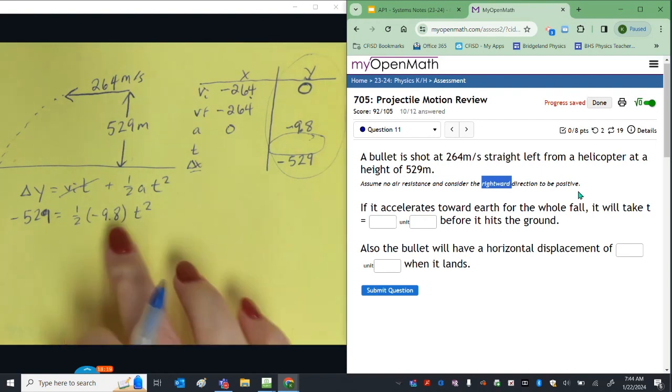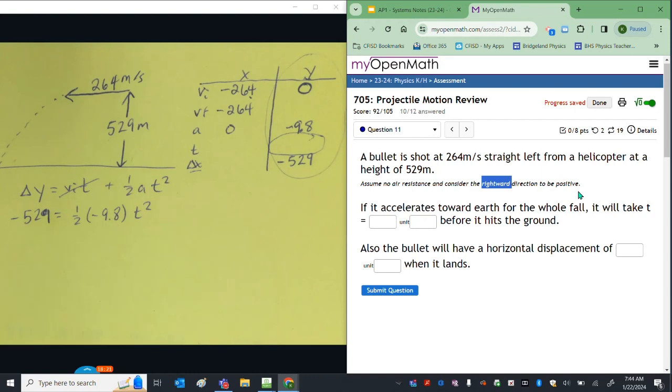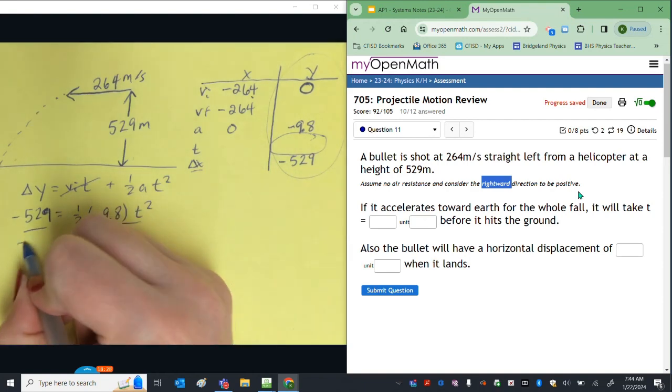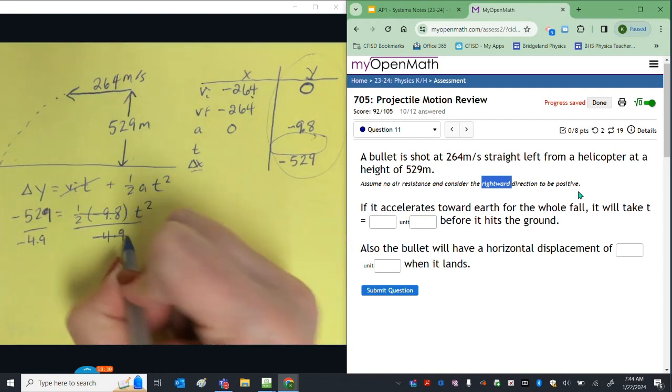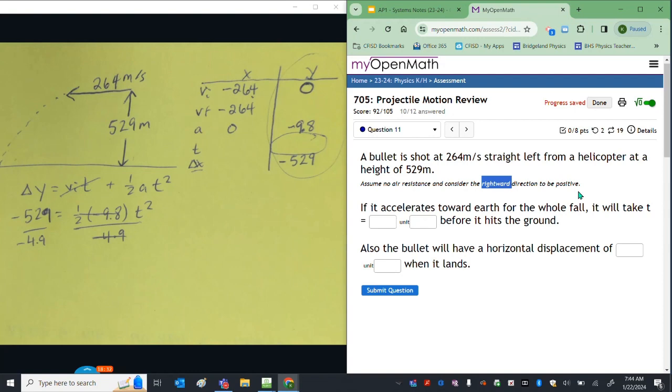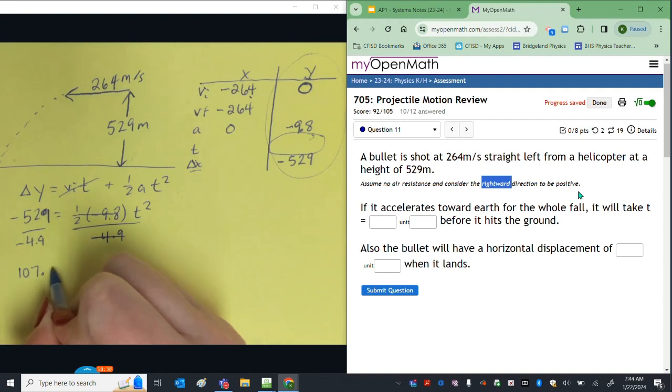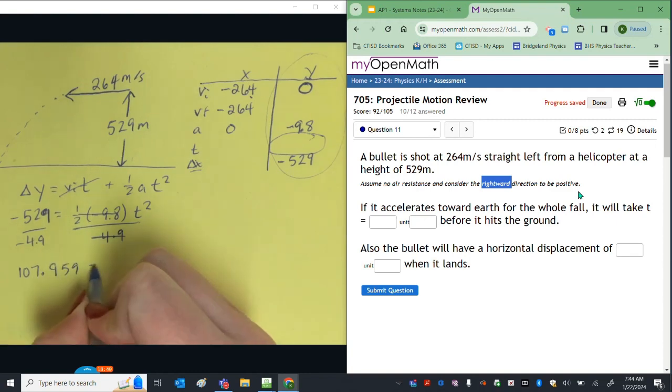Half of negative 9.8 is going to be negative 4.9, and then I'll divide that from both sides. That's going to cancel this, and over here, 529 divided by 4.9 gives me 107.959 equals t squared.